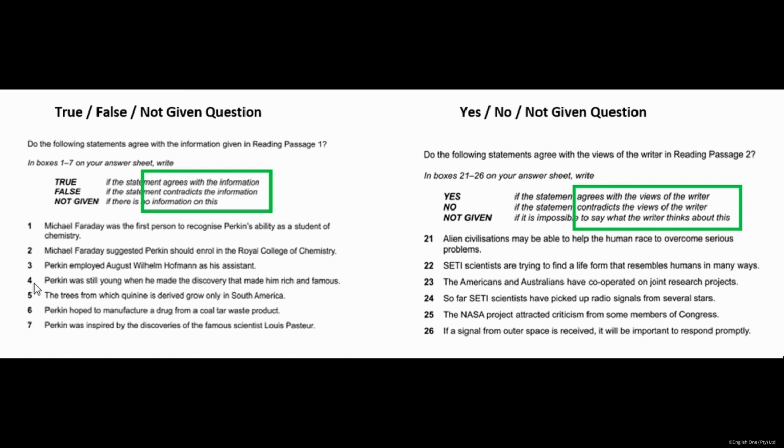So vocabulary is extremely important, and being able to identify specific information very quickly is a skill that you absolutely need to hone. And yes, if you were wondering, this is a very common question type. Almost all the question papers will have either a true, false, not given, or a yes, no, not given question type.